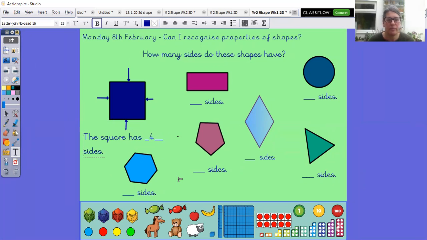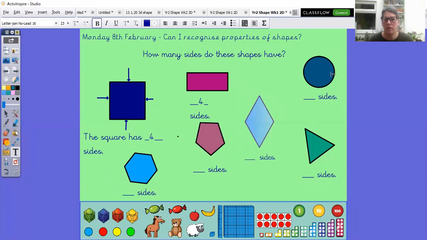Like that. So let's see if we can write down the number of sides of some of these other shapes. Let's look at this rectangle. Let's count the sides. 1, 2, 3, 4. So that one also has 4 sides.